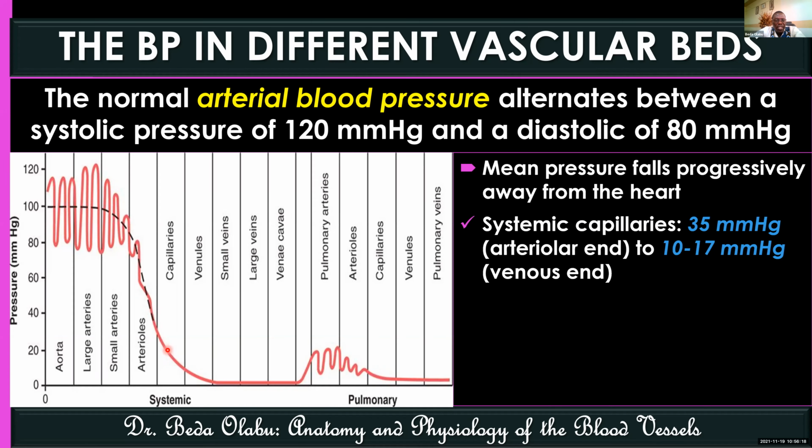That will depend on the blood flow in that organ. It will also depend on, remember what we talked about, the precapillary sphincters. It will depend on the activity of those ones. And that's why we have a variation at the venous end.